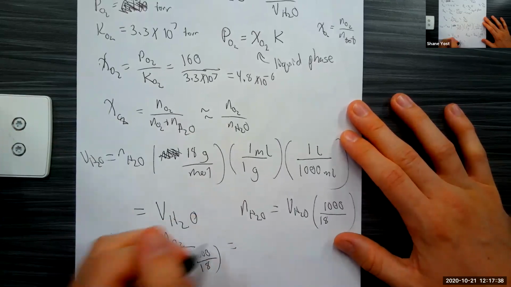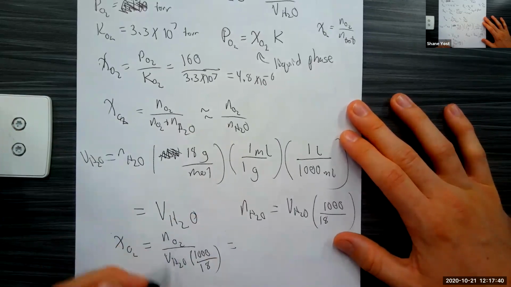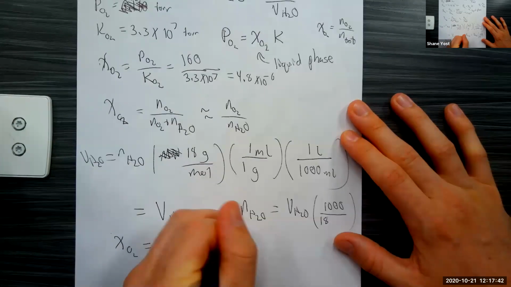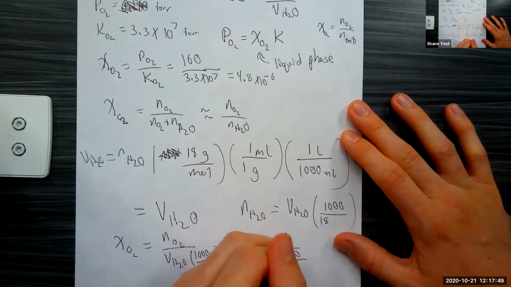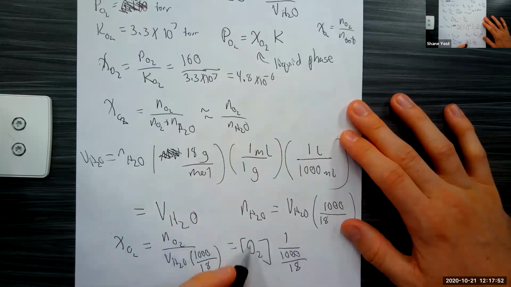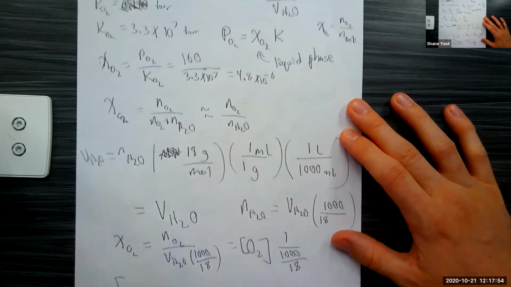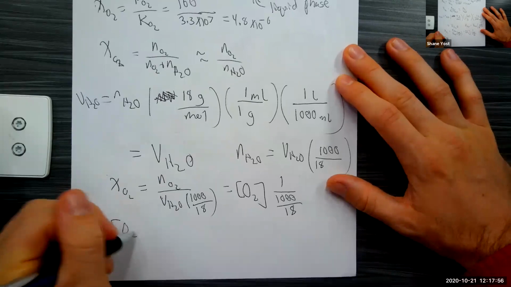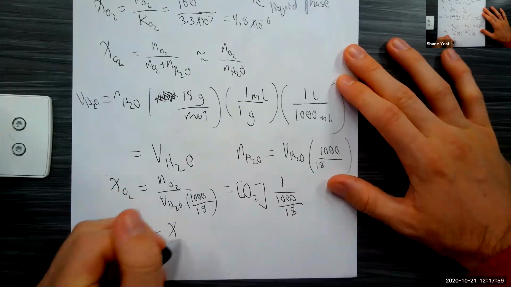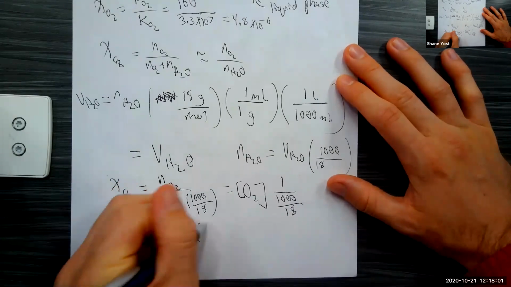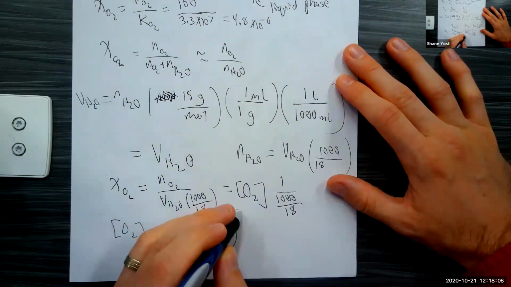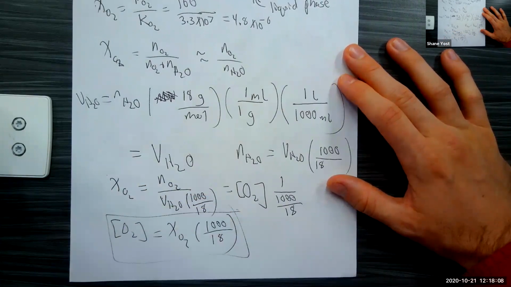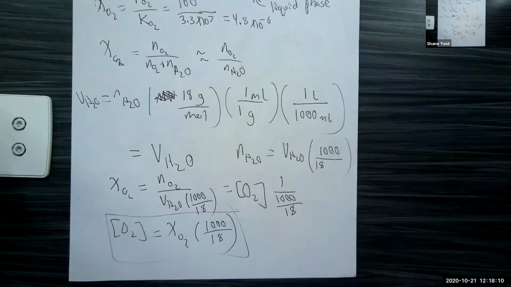Which this is equal, number of moles of O2 divided by the volume of H2O is the concentration of O2, right? Times 1 over 1,000 divided by 18, right? So move that onto the other side to get the concentration of O2 equals the mole fraction O2 times 1,000 divided by 18. Okay. And that will give you the concentration of O2.